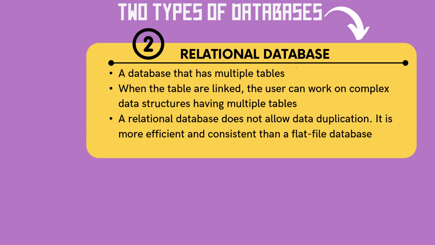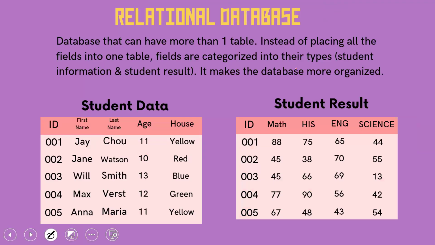Again, the name of a person, probably, the one which is with the correct spelling. So the consistency will be applied on the relational databases. As you can see, for the relational databases we can use this type of structure where we have a student data and the student result.